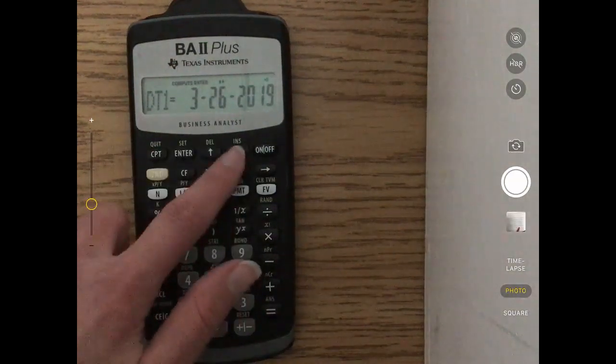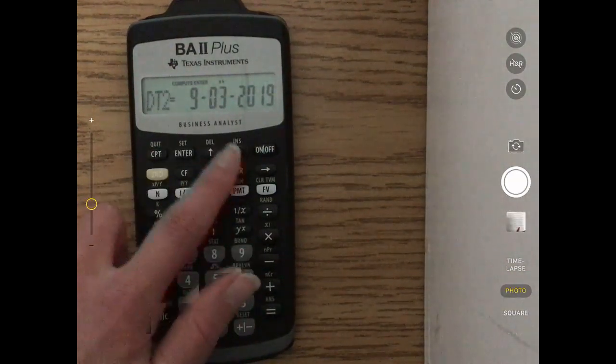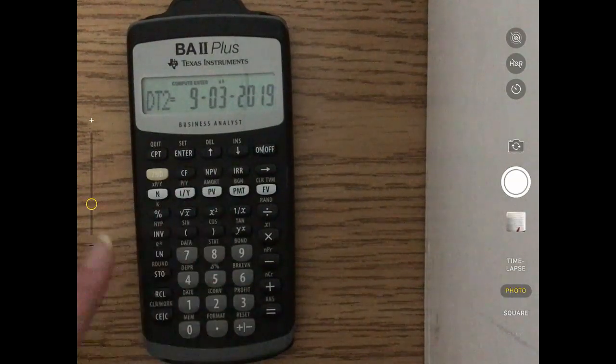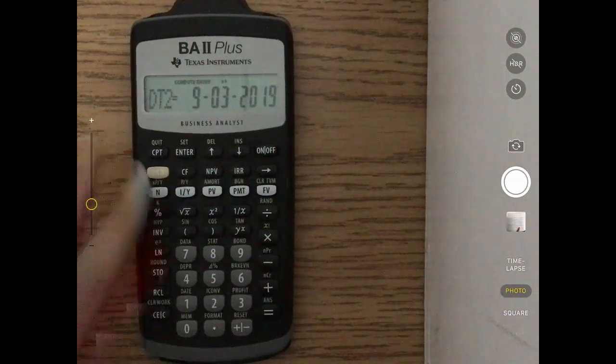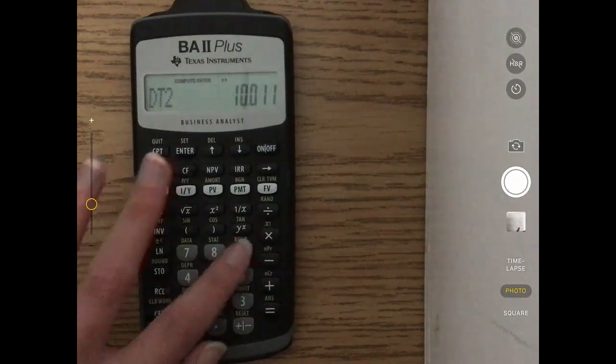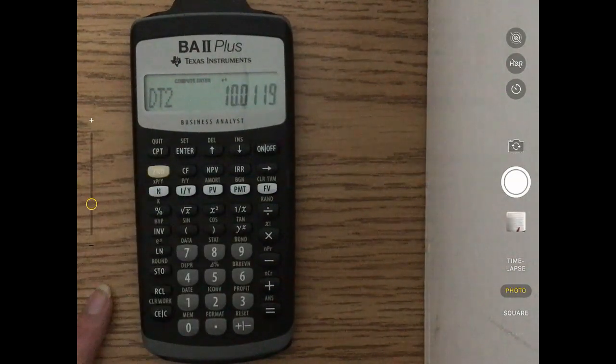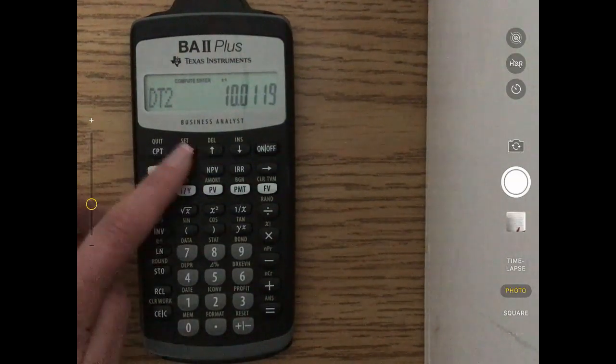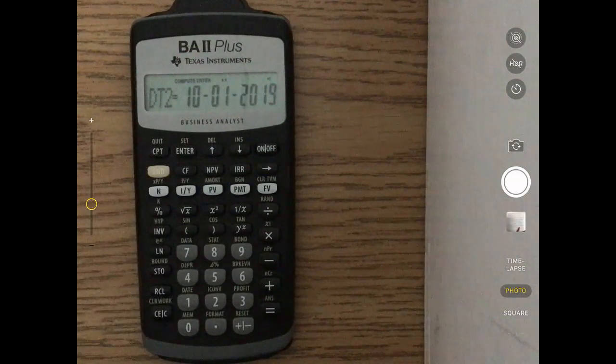Now remember, we scroll down to date 2, and we enter date 2 the same way. So we had 10.0119. Again, it's not saved until it says date 2 equals whatever. So we hit enter. Nice. Now we go to days between dates.